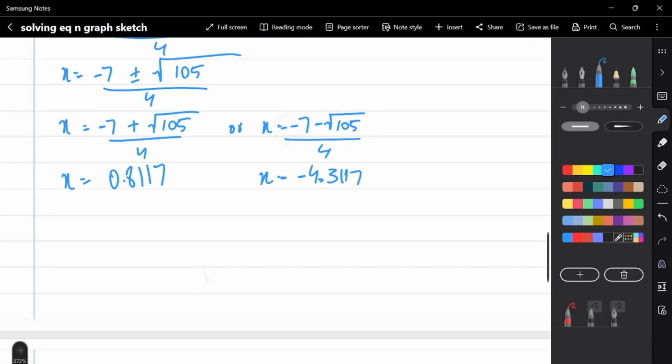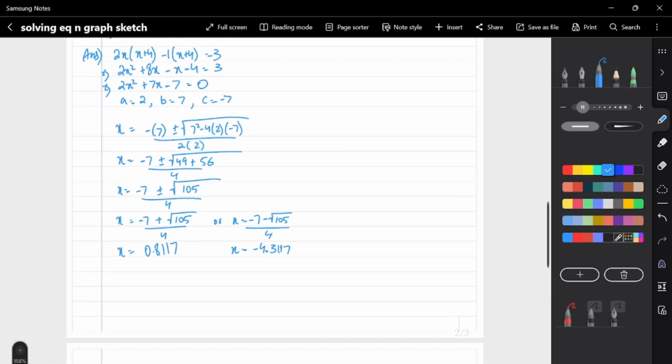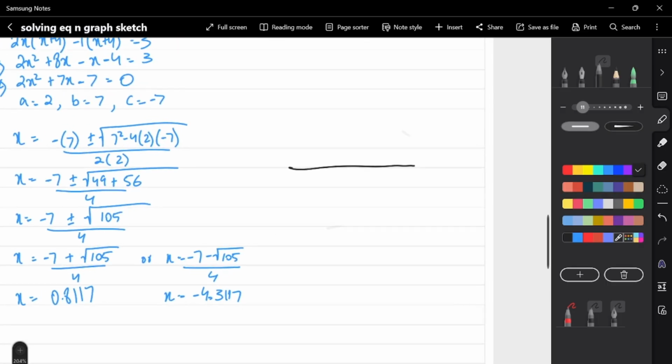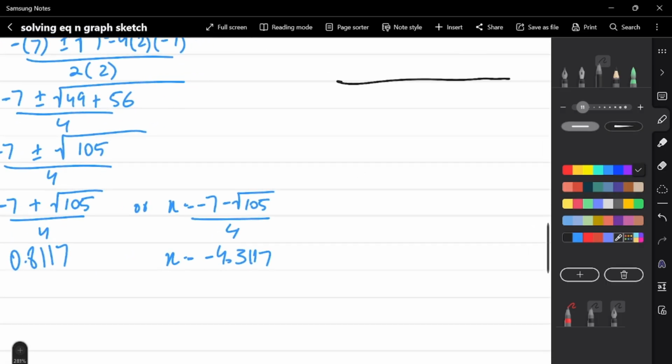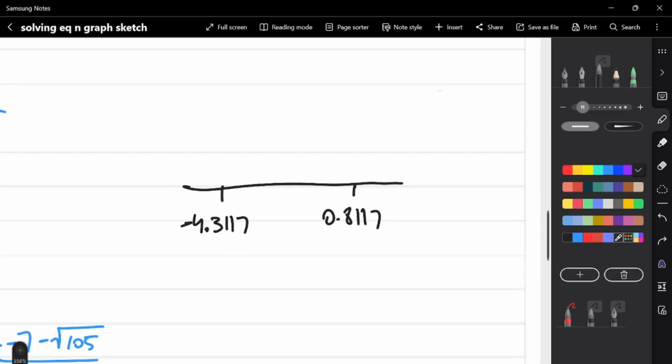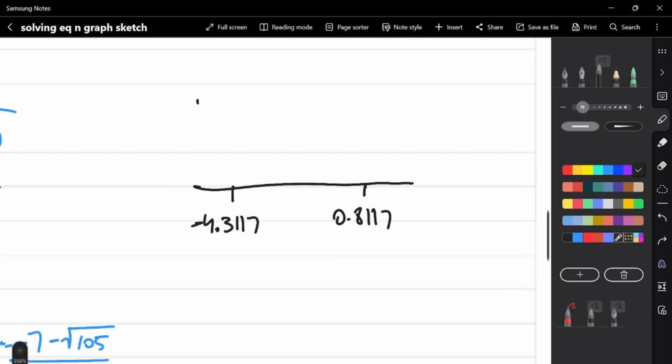Okay, so these are the values that I get, and to make a number line for this, what I can do is go here. This is my number line, and my first value is minus 4.3117. Second value is 0.8117. Obviously 0 is going to be here, a bit closer to this first value, but that doesn't matter since the curve is going to be cutting at these values.